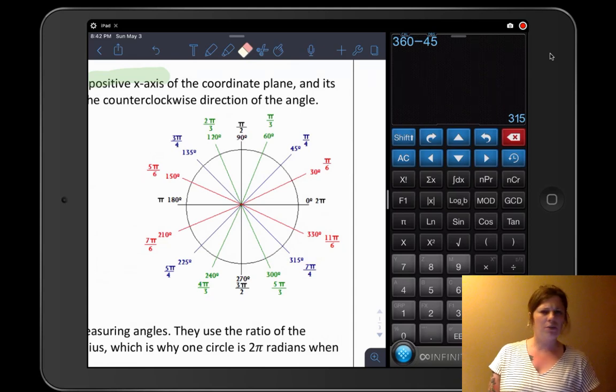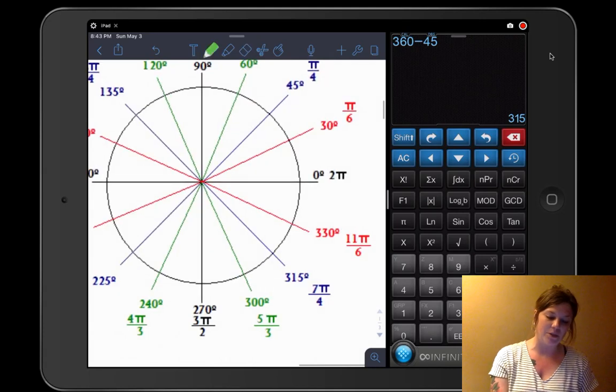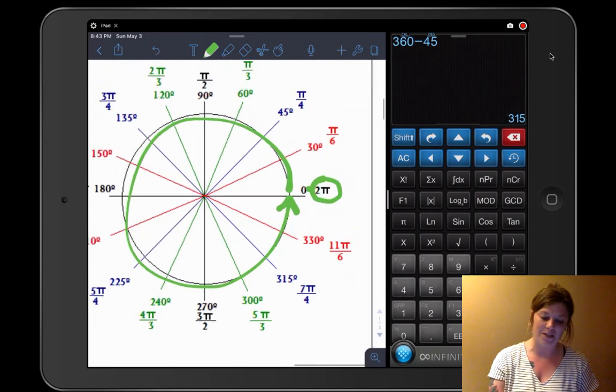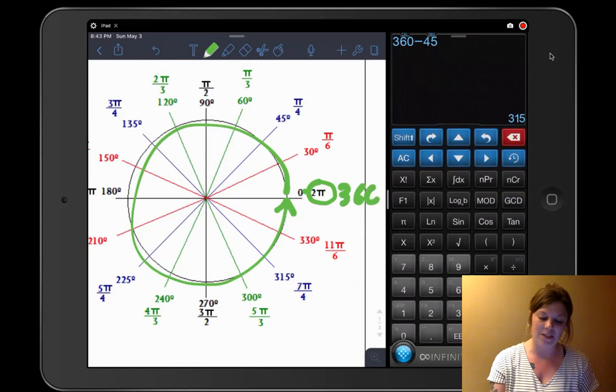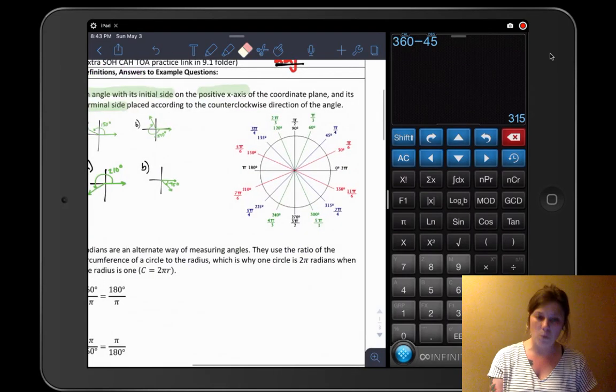Now, you don't need to know that, so don't worry too much. It's just important that you understand the reason why we have these pies in there, and especially why we have this idea that we're starting at 0 and then we go all the way around and we end at 2 pi. So 2 pi is the same as 360 degrees all the way around, is that when our radius is 1, right?